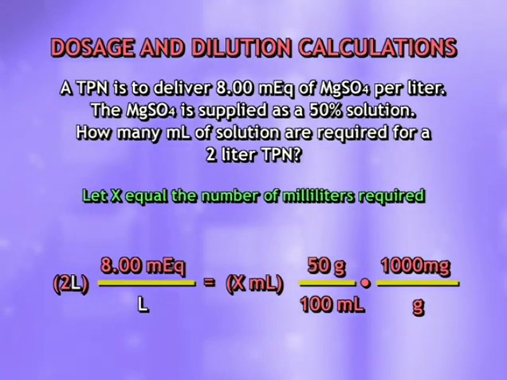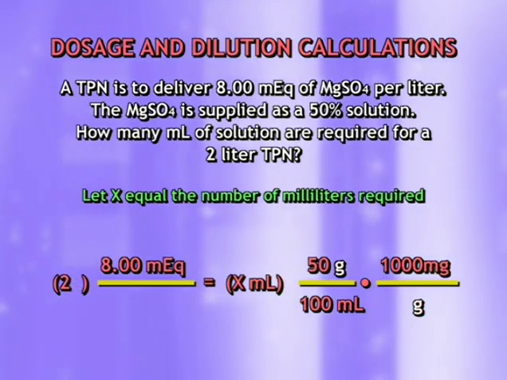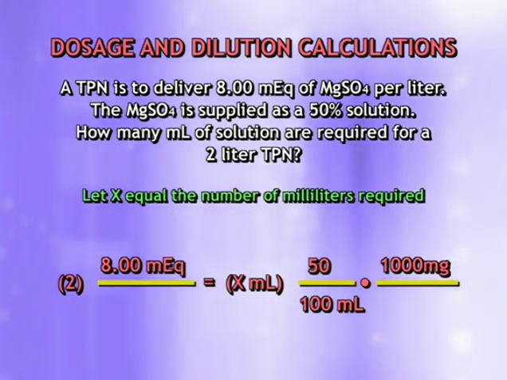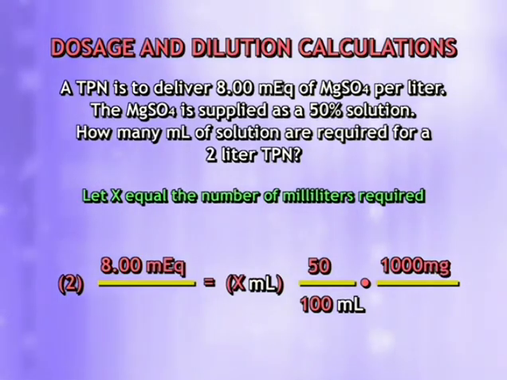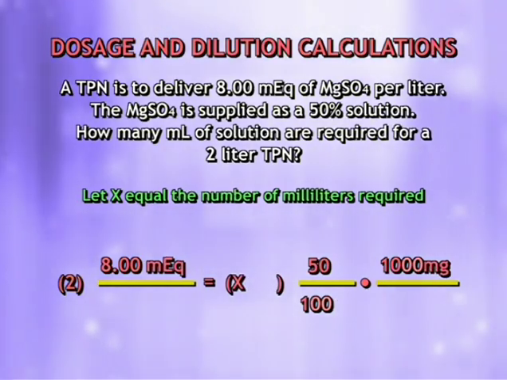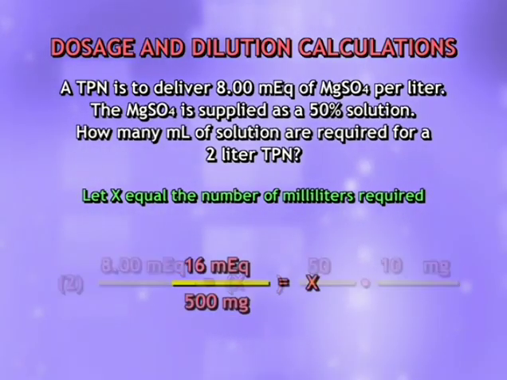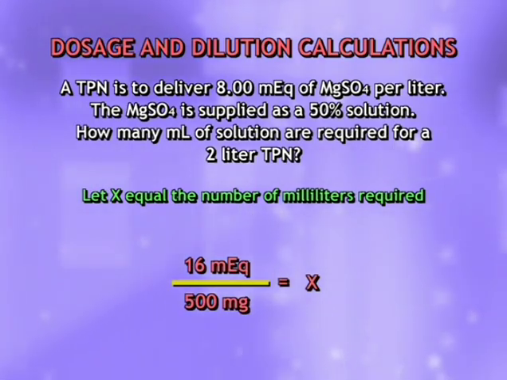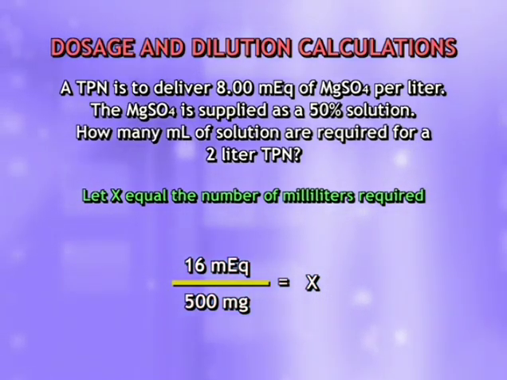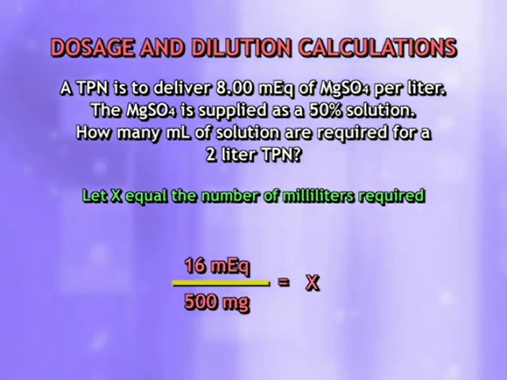Cancel liters, grams, and milliliters, and divide by 100. Carry out the calculations. Divide by 500 milligrams. Rearranging the factors makes it very clear that we have done something wrong.